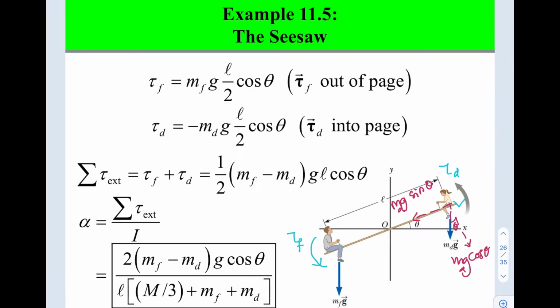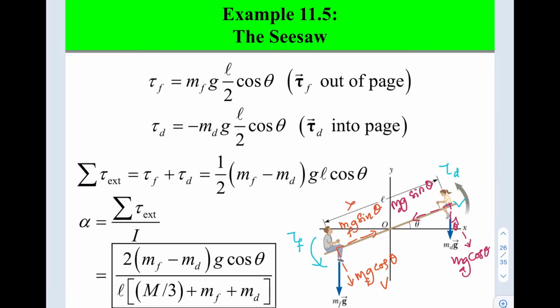And the father, you have a component of m father g cos theta, and you have another one, m father g sin theta.